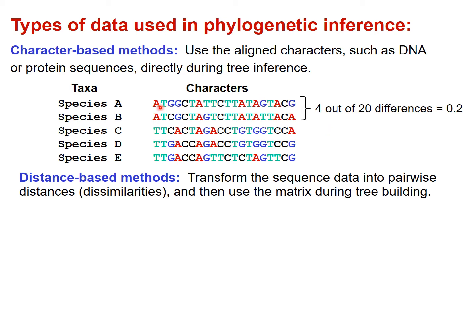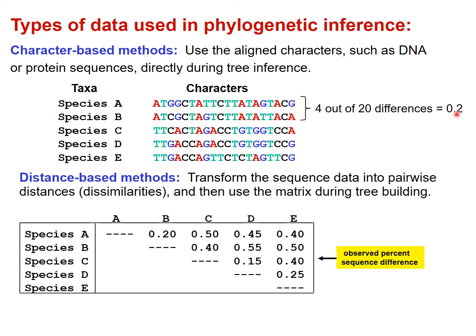So how do we use these differences? For distance-based methods, we can do pairwise comparisons. And we can transform this sequence into numbers, into distances of dissimilarity. So we have 20 nucleotides here. There are 4 differences out of 20, so that's going to be 20%, or 0.2.